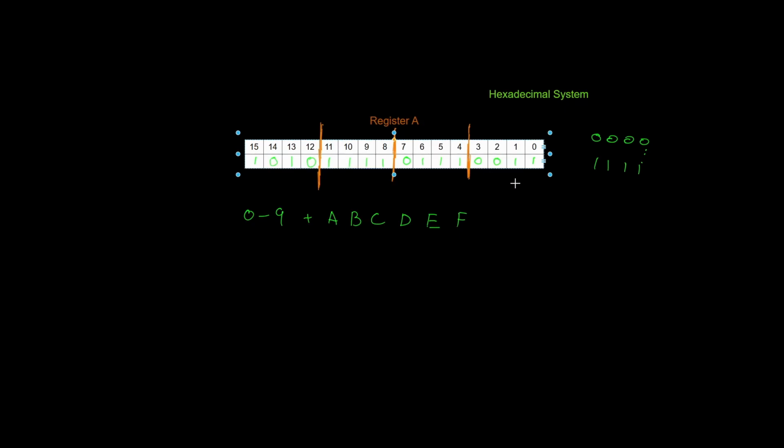So how do we do this? Hexadecimal is base 16, which means it's powers of 16. 16 to the power of 0, 16 to the power of 1, 16 to the power of 2, and 16 to the power of 3, and so forth. It keeps going on and on. So what is 16 to the power of 0? It's basically 1. 16 to the power of 1 is itself, 16. 16 to the power of 2, what is that?